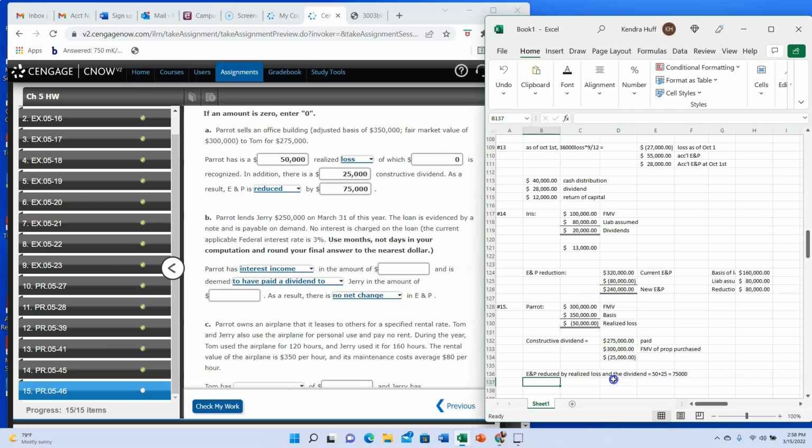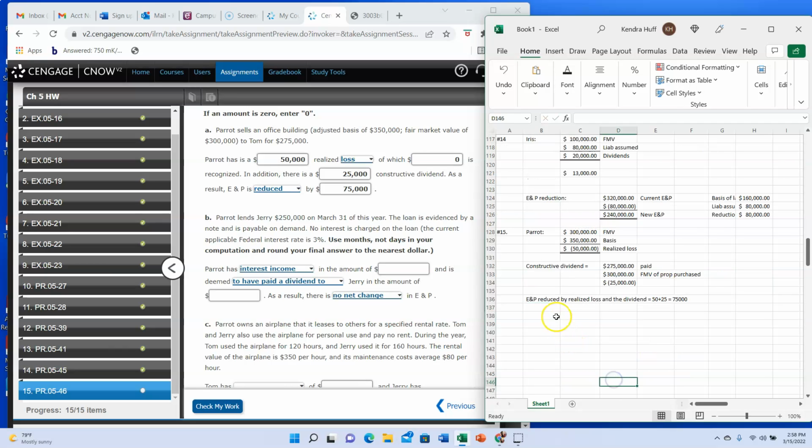But then we have to figure out how much the implied interest is, or imputed is what they call it. And it is the note of 250 times the 3% times 9/12. So 56.25.